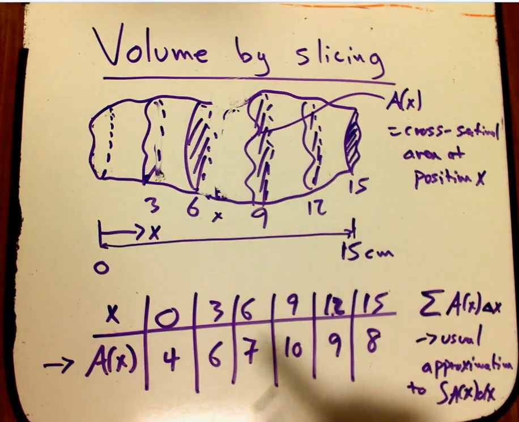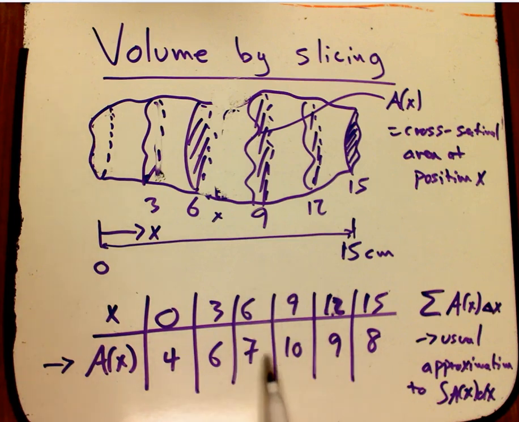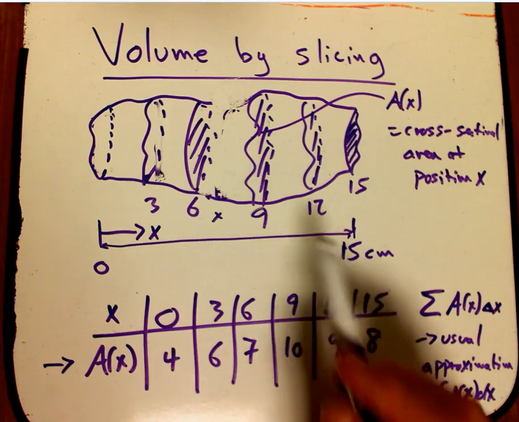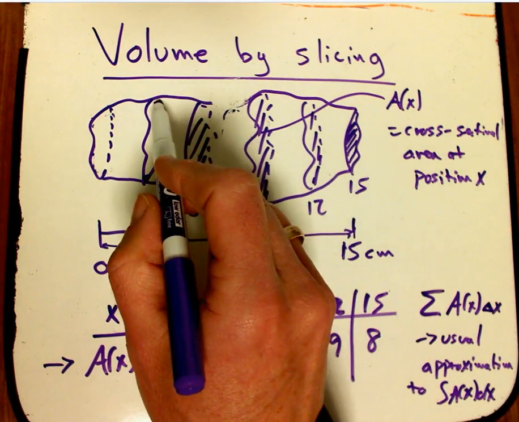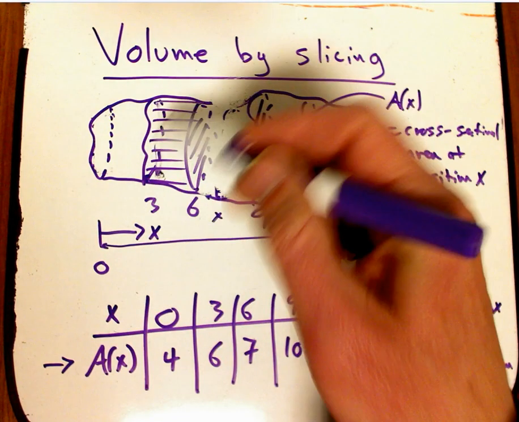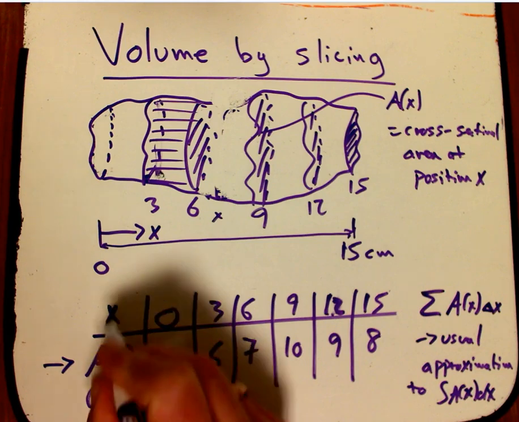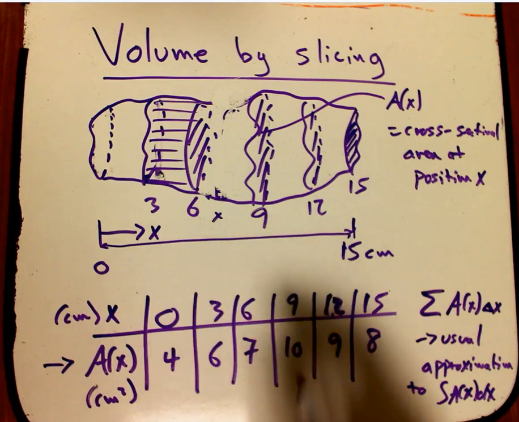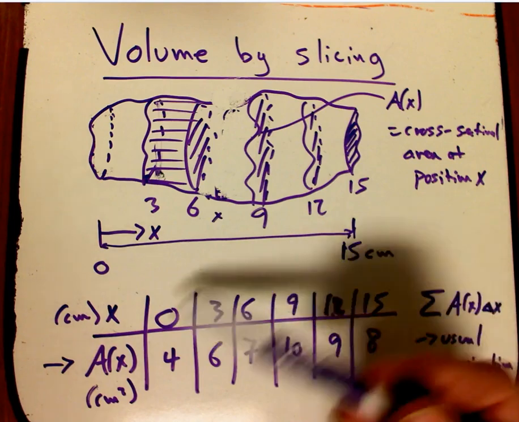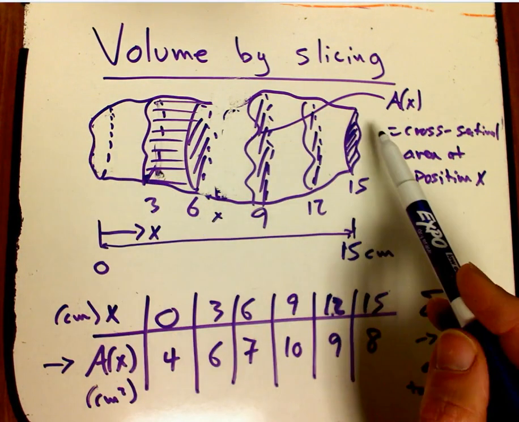What am I doing geometrically here? If I'm going to take this pretty coarse data, not very finely sampled, and use it to approximate the volume, I'm taking pretty big chunky slices that are 3 centimeters wide. And let's say the areas are in square centimeters, and this is in centimeters. I want to combine all this data into an approximation of the volume of this object.